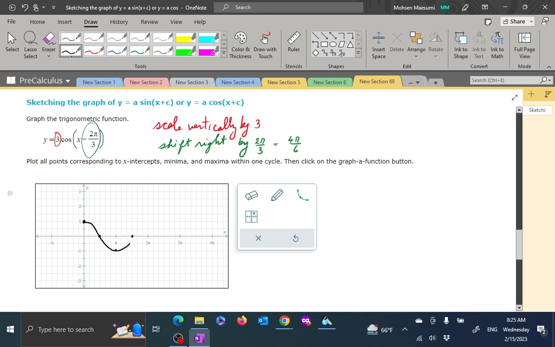This is supposed to be here. 3 times as tall. So 3 times as tall means we are here.